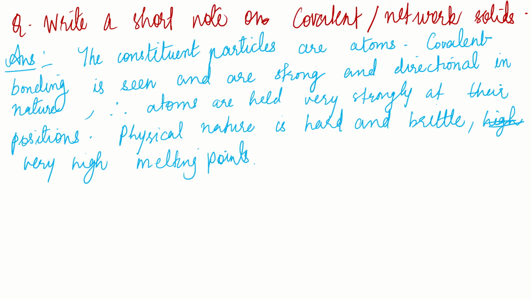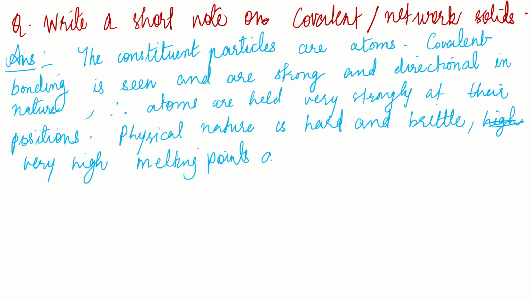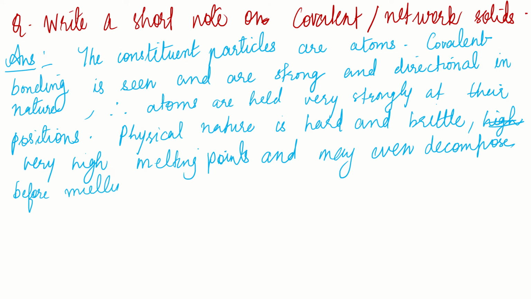So next, what did we study? The melting point is very high, and as the melting point is very high, they may even decompose before melting. And what kind of conductivity? They are insulators. Here we are taking as a whole they are insulators, but there may be exceptions, like the one we saw in graphite.